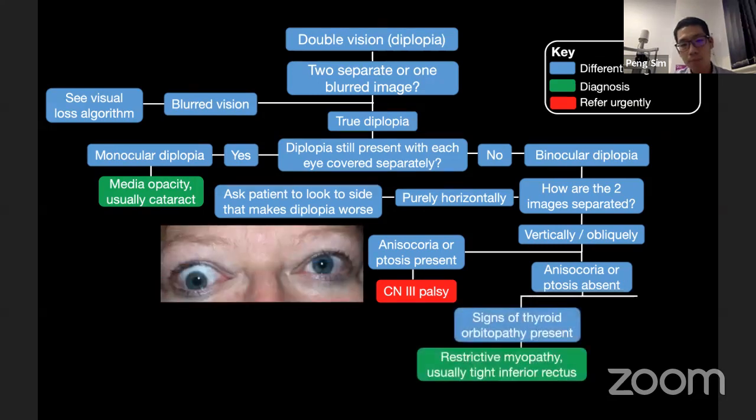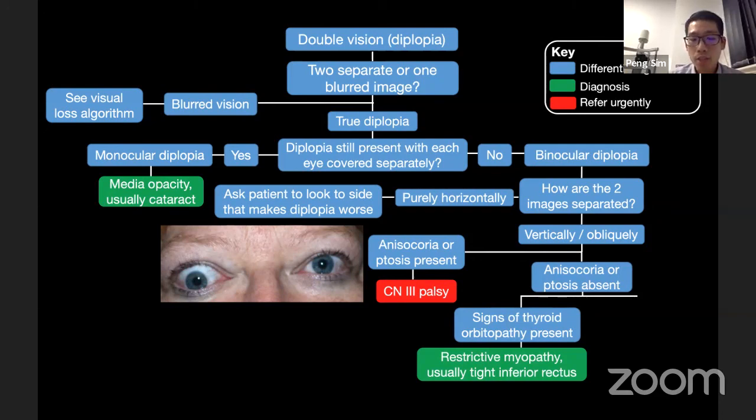The first one here I put is thyroid eye disease, because just remember in ophthalmology, the great mimicker is thyroid Graves' disease, because it can give you any sort of pattern of double vision.